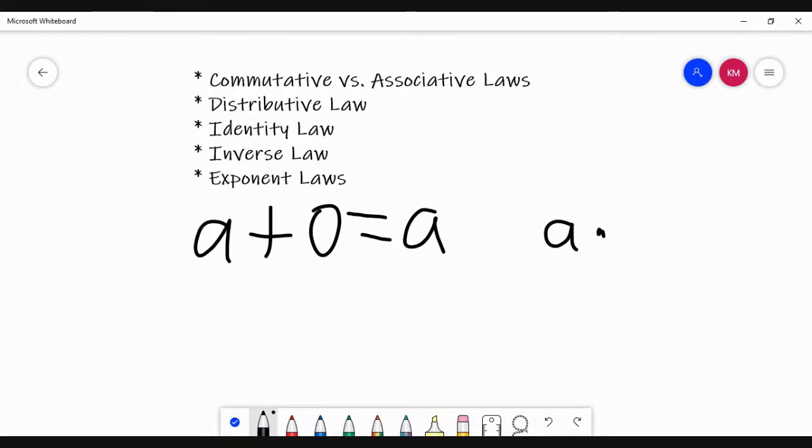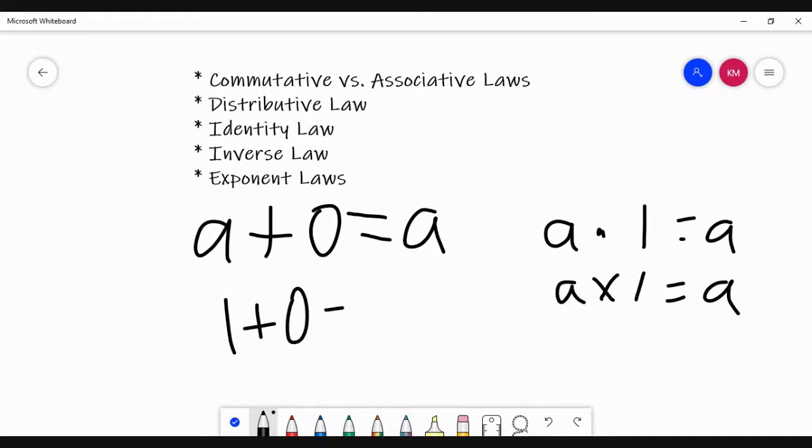If I'm multiplying a by 1, for those who use dots or x's, it will equal a. So identity law says 1 plus 0 equals 1, and 1 times 1 equals 1.